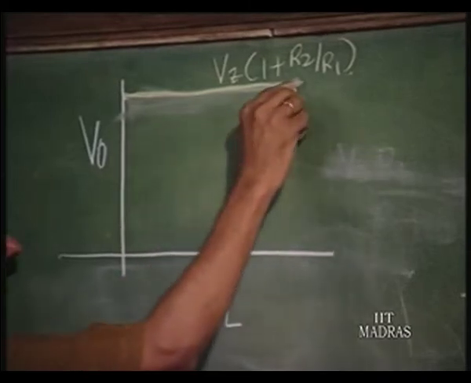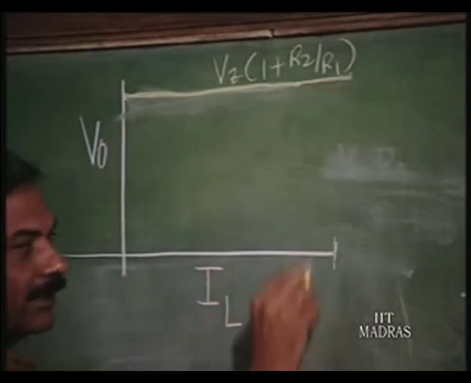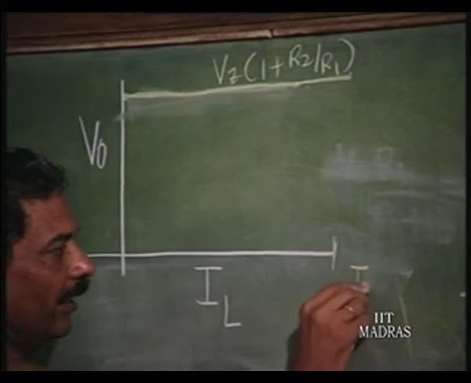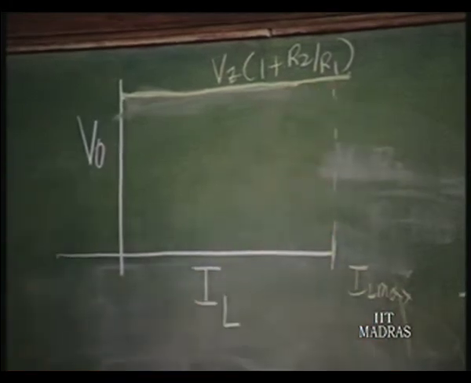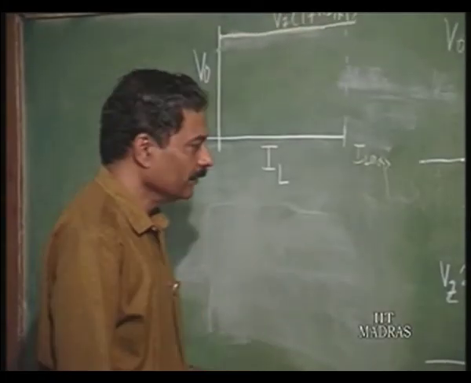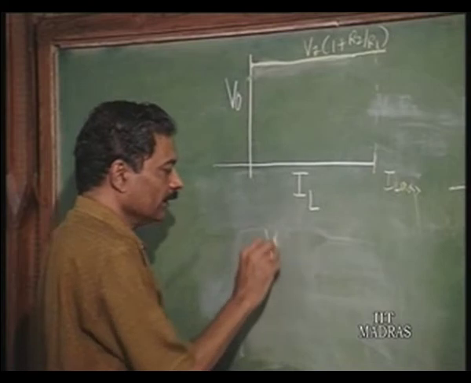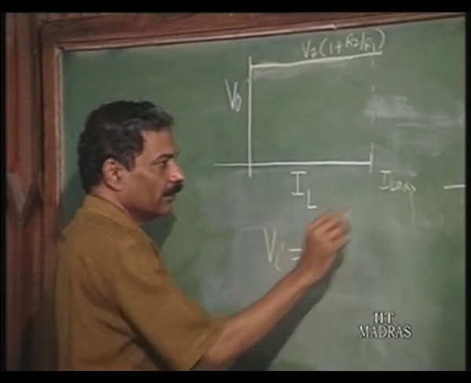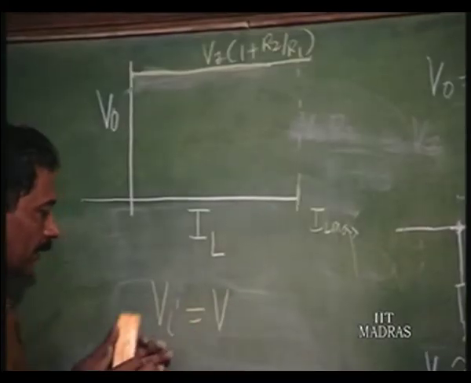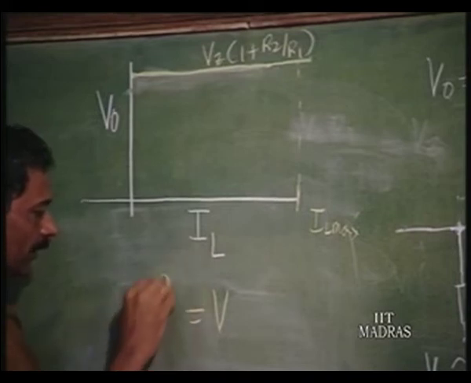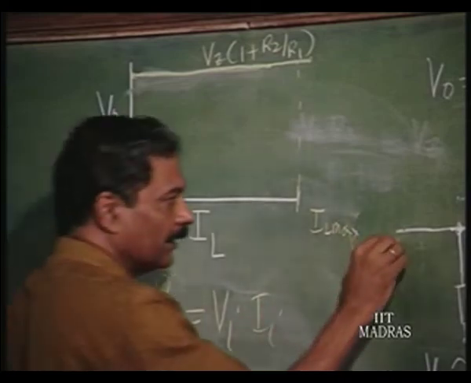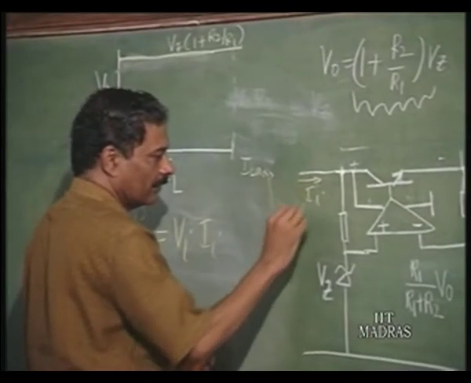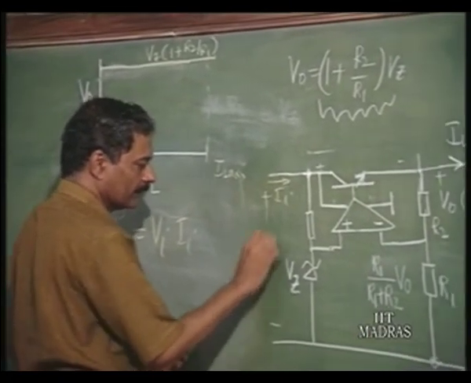Up to what extent can I go on? There must be some maximum limit, I L max, up to which I can go on, because this is going to dissipate power. Input power is nothing but input voltage into input current. Input current is here, input voltage is this.